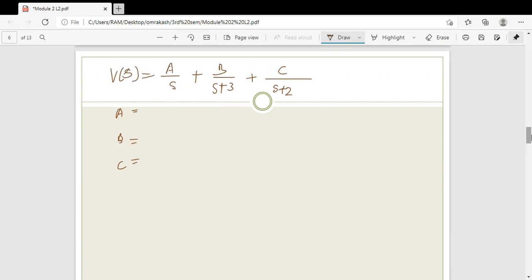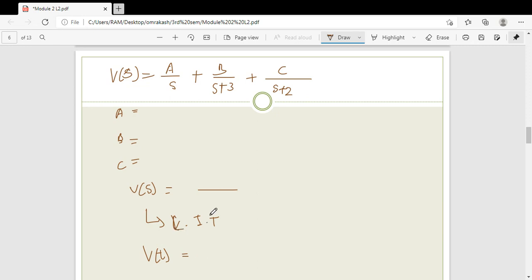Let's solve this. When you solve this and put those values in this equation, you will get this V of S. And after getting this V of S, you need to use the Laplace inverse transform. Then you will get this V of t.